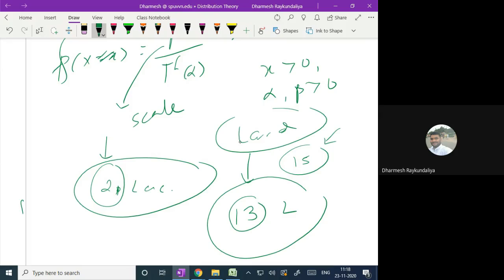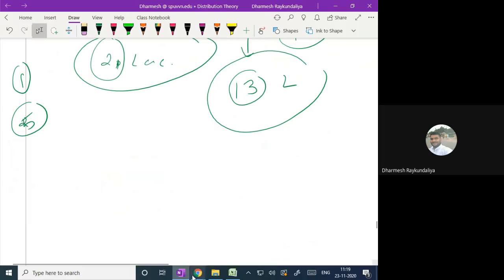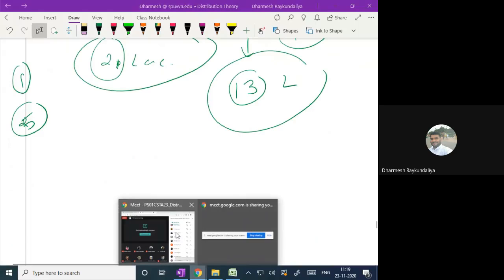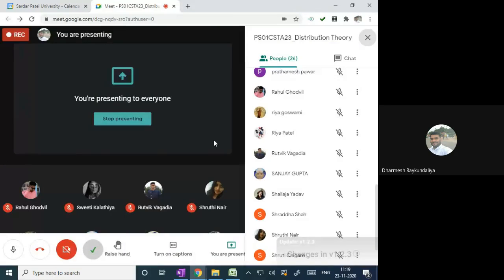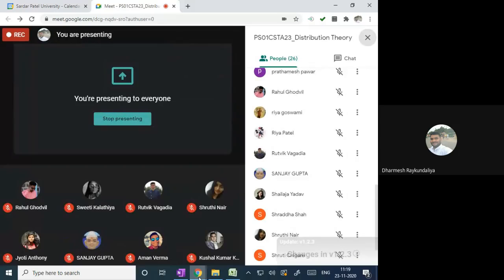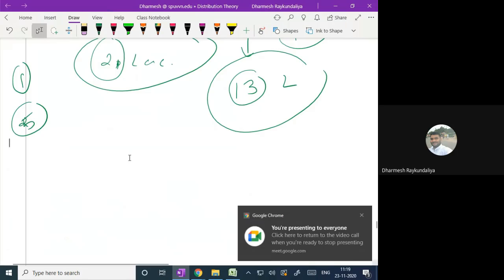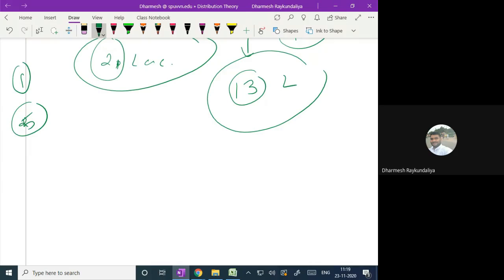This is about one ATM. Suppose the same branch has 5 ATM machines in the same city, then you can see how much additional money you have: 65 lakhs.